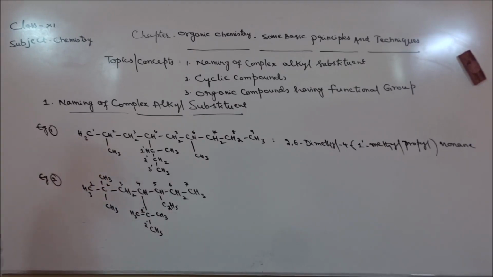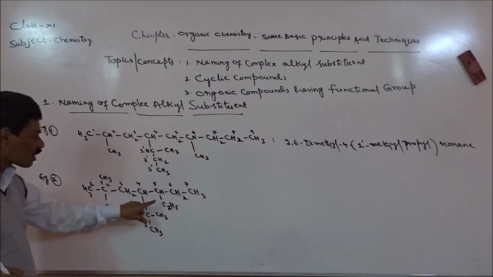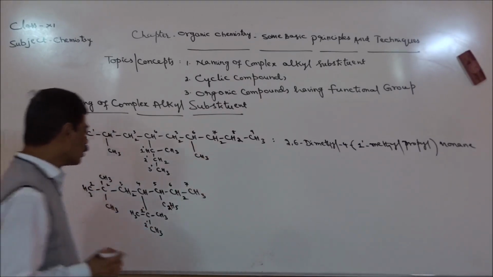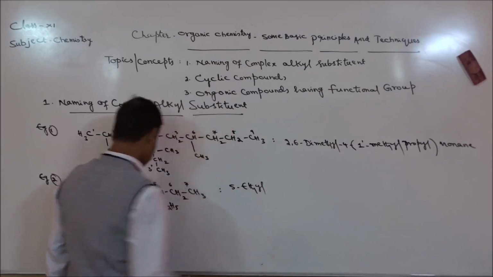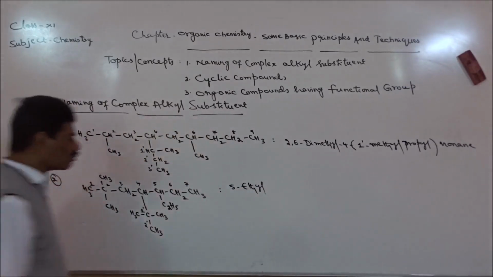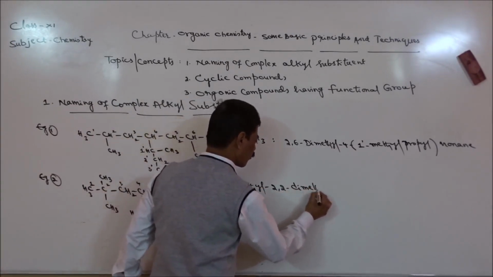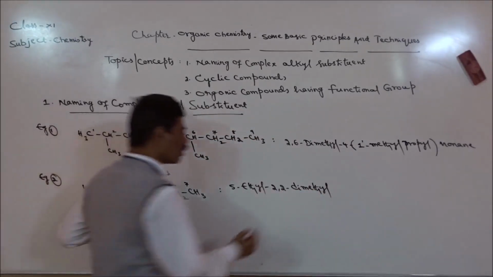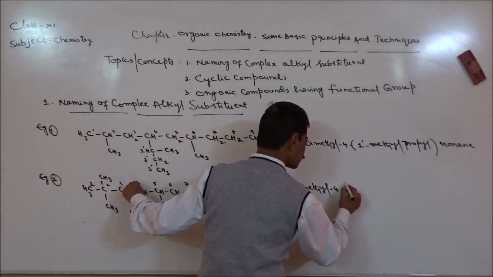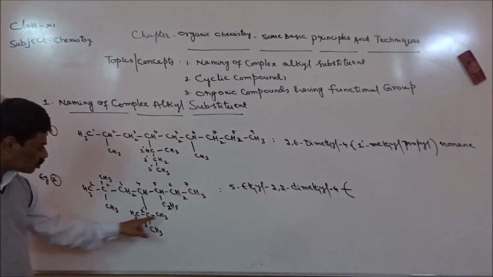So here I am going to take all the rules of IUPAC into account besides alphabetical order. In that way, the name of the ethyl group will come first. So its name is 5-ethyl, 2,2-dimethyl. Now this complex alkyl group is connected to the 4th carbon atom. So I write 4. Now see, to the first carbon atom 2 methyl groups are connected.